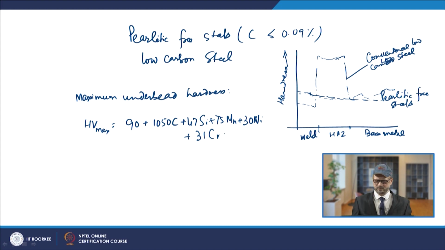In this way, these C, Si, Mn, Ni and Cr are normally in terms of percentages, and you can see that the maximum contribution comes from the percentage of carbon. As you increase the carbon, certainly under normal cooling conditions, because the cooling rate is higher, hardenability is improved.